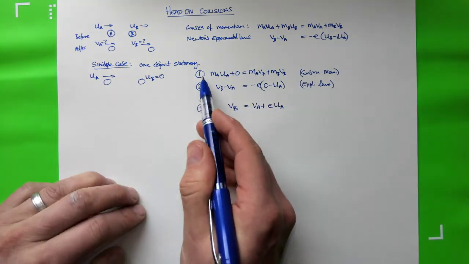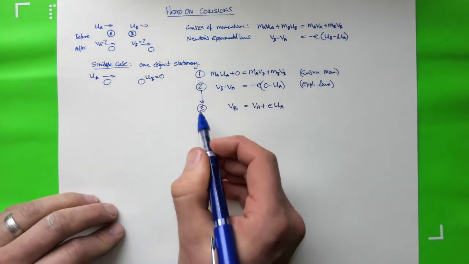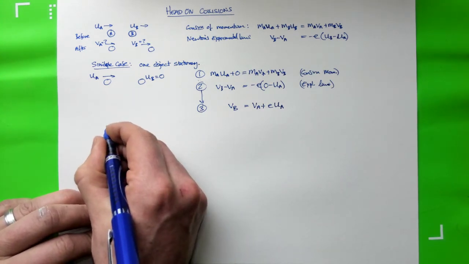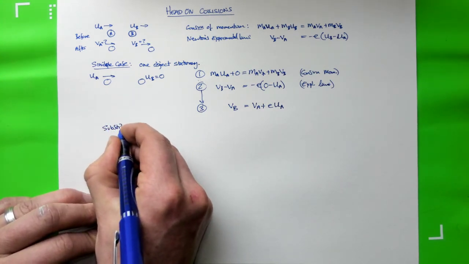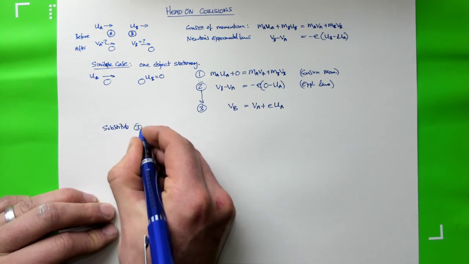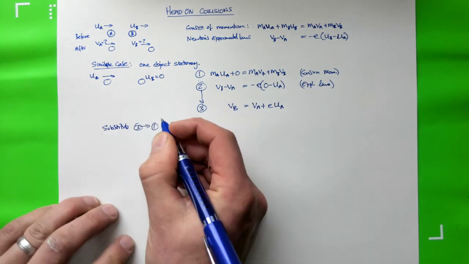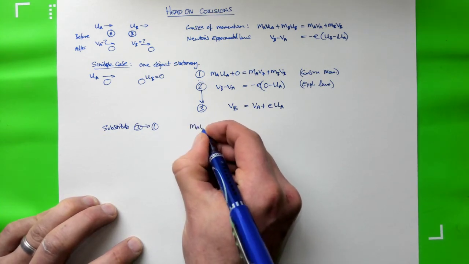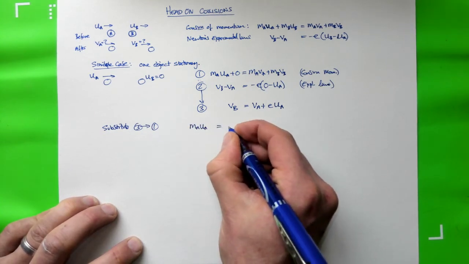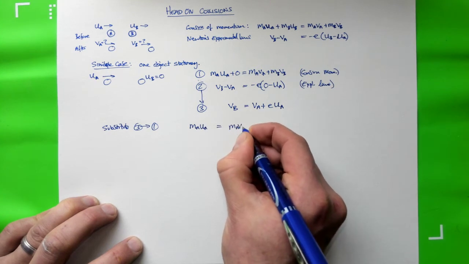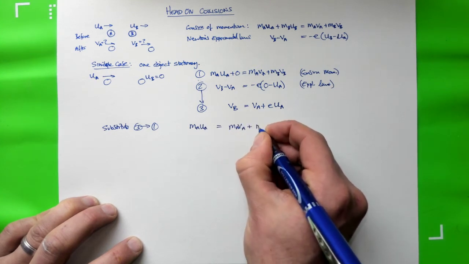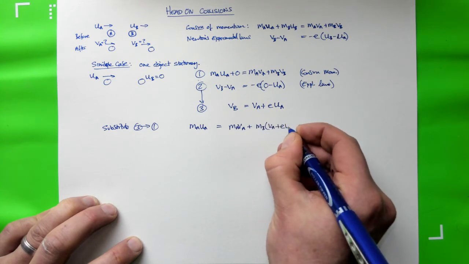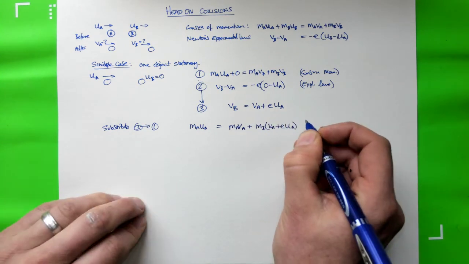Now, we can take equation 1 and substitute equation 3 into it to get a solution. So let's see if we can do that. Substitute equation 3 into equation 1. So that gives us mA uA equals, all right, that looks like it's right.